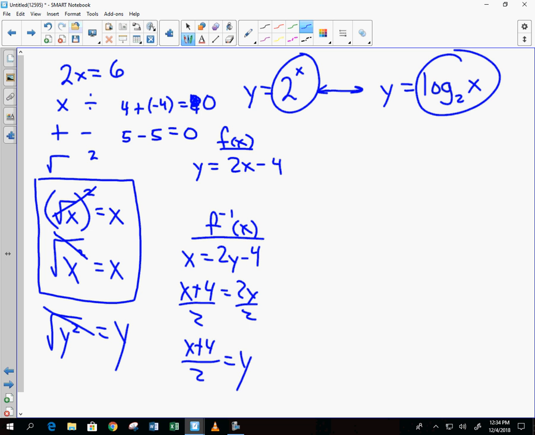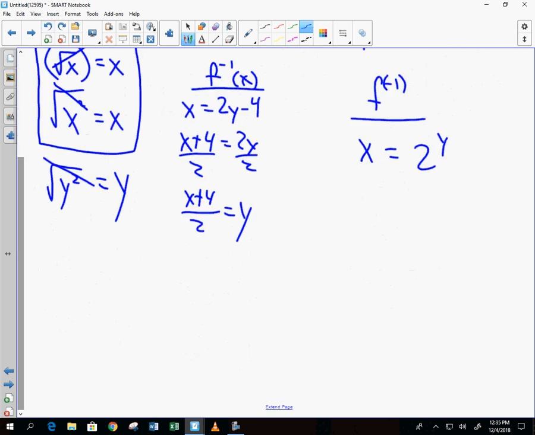Well, suppose I start with this. How do I find the inverse? Well, the way that you find the inverse is you switch the x and the y. Now, I do that, and you say to yourself, well, Mr. Gentz, I don't know how to get at the y up there. Well, here's how you get at the y.